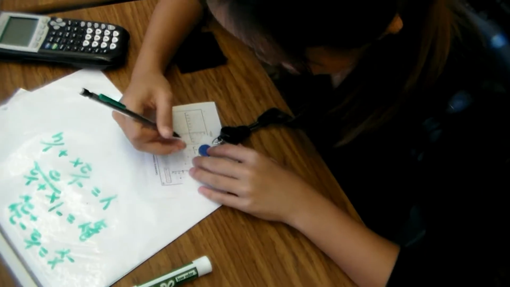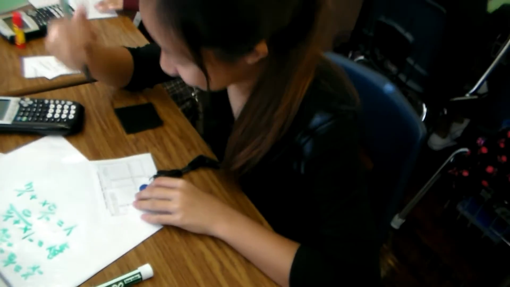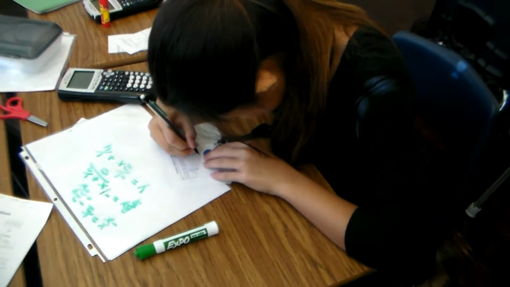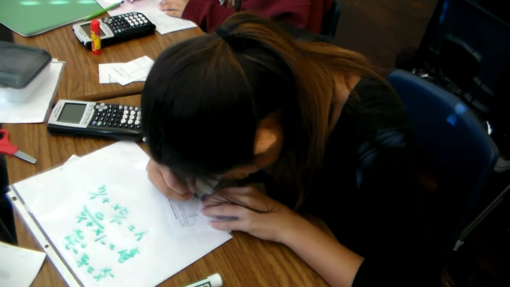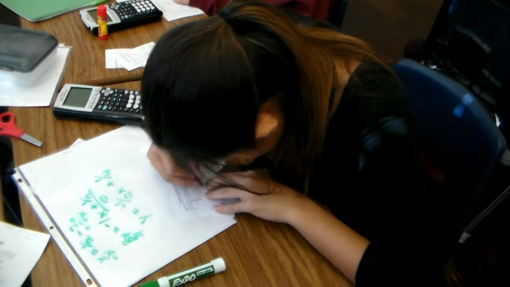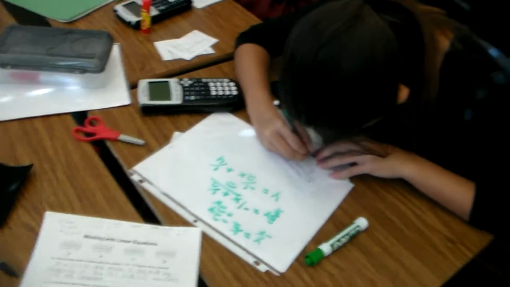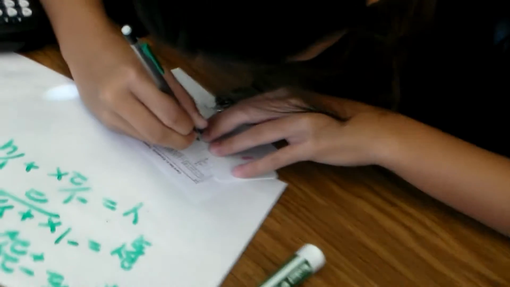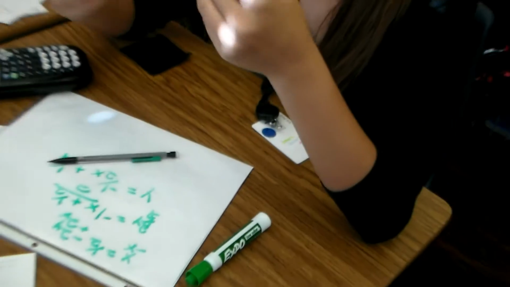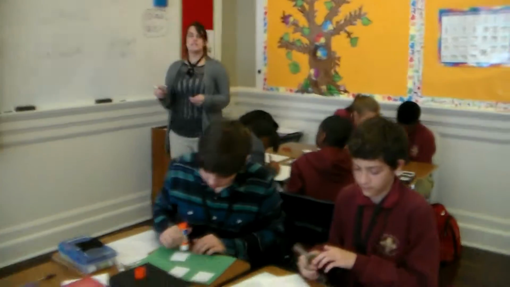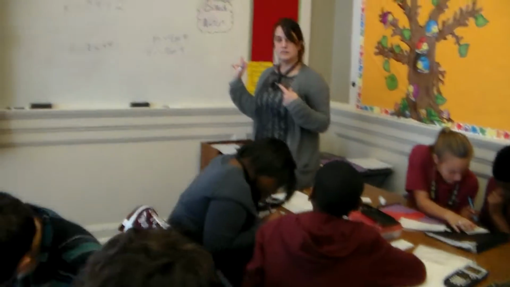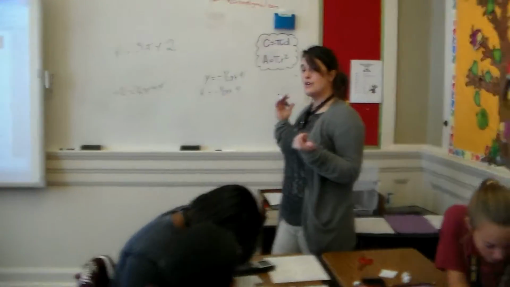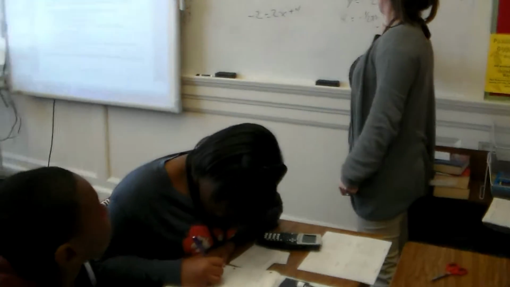So y equals -1/2? Yeah. All right, and then it says y equals 4. So 4 here. So the first thing that we have to do, right, I want to move this over, so I'm going to do -4.